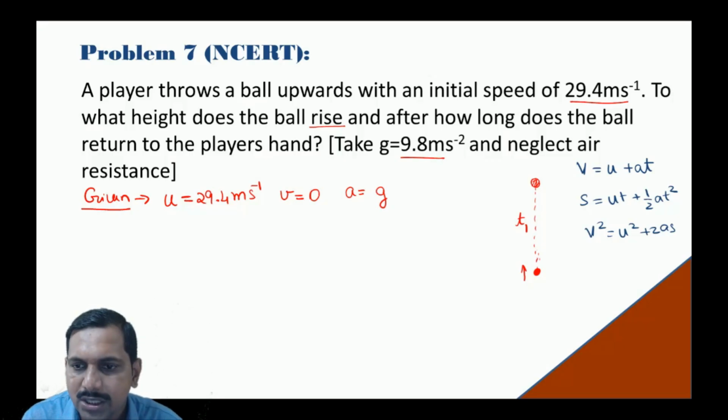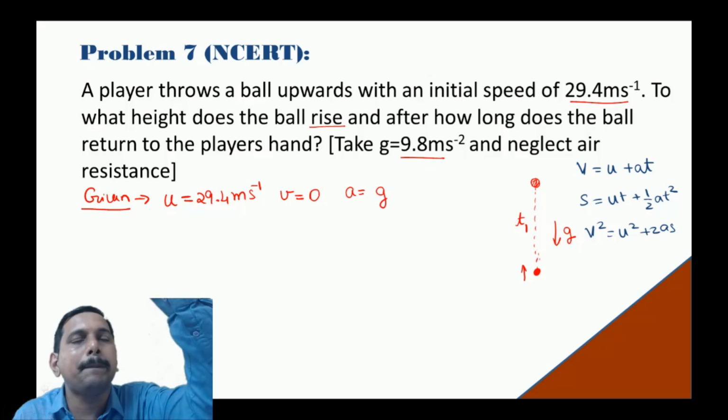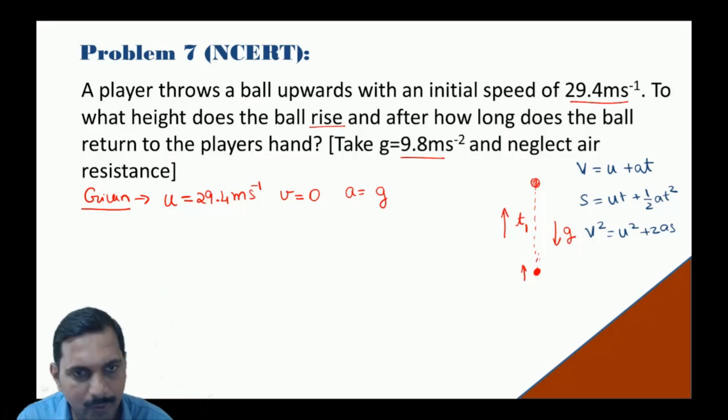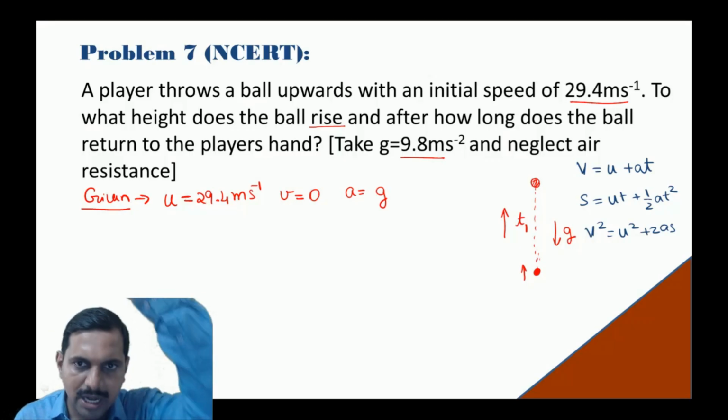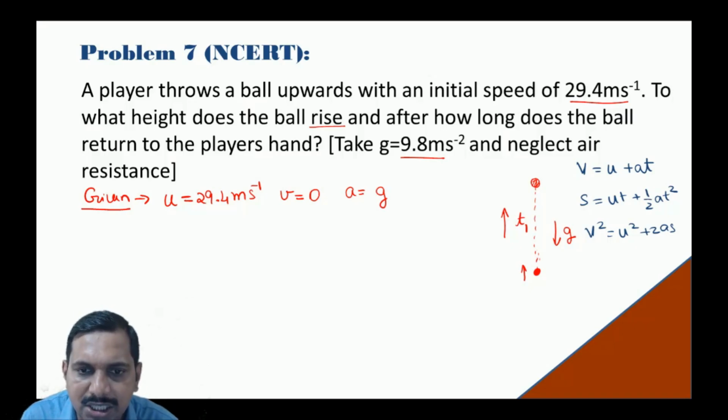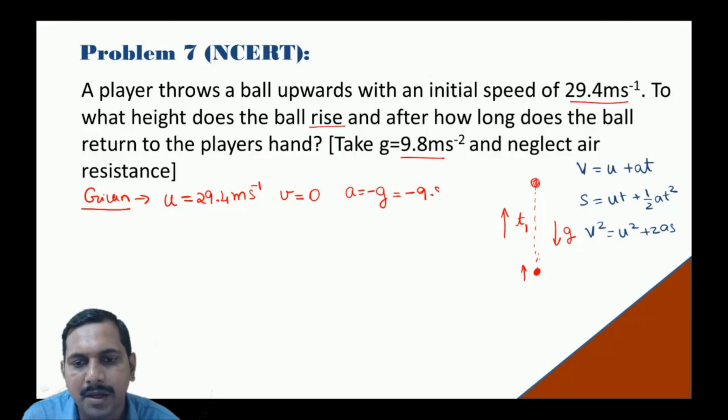Acceleration is given as g equal to 9.81, but see, g always acts downwards. When the ball goes up, the positive direction is upwards, but g acts downwards, so acceleration is minus g, which is minus 9.8.